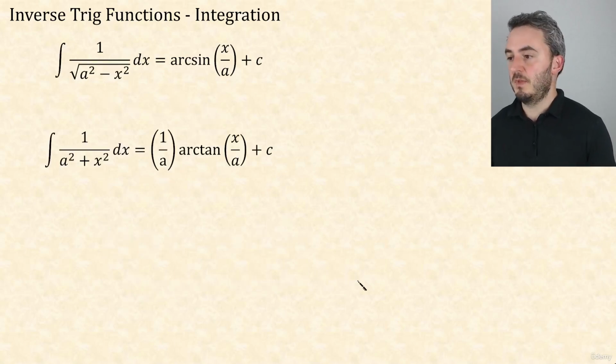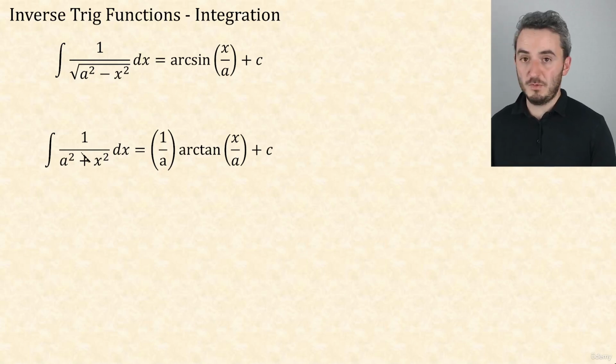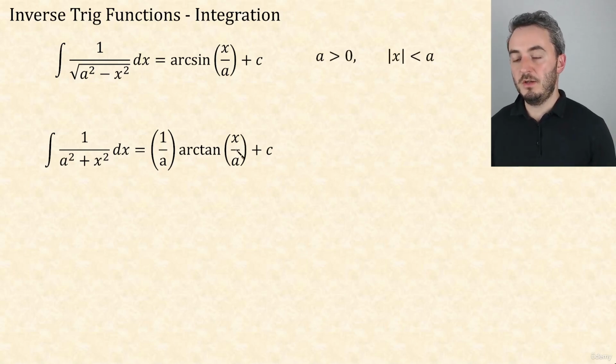Here's a summary. We have the integral of 1 over root a squared minus x squared is arc sine x over a plus c. And then the integral of 1, again, over not square rooted, just a squared plus x squared, is 1 over a arctan x over a plus c. And there's that restriction there on the arc sine version.